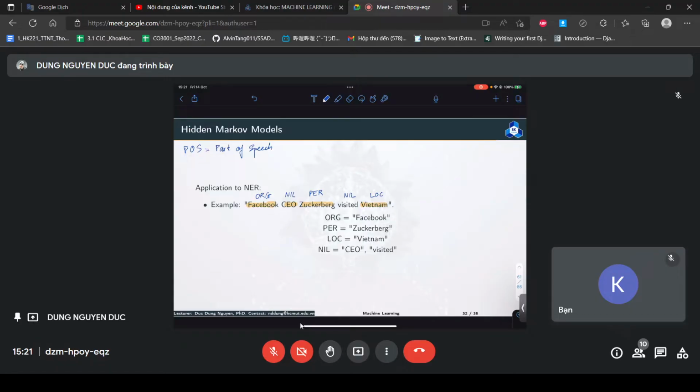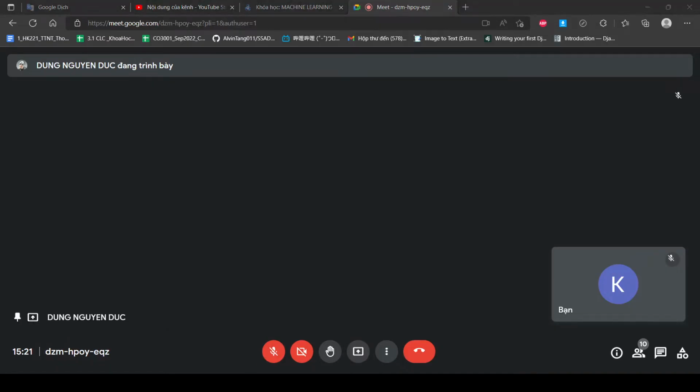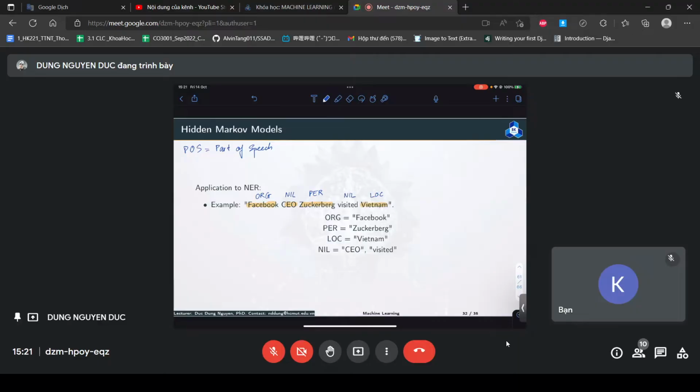Whatever the case, you have the observation, and the hidden state is going to be some label that you assign to those words. And so as you can see, this can be modeled using hidden Markov model.